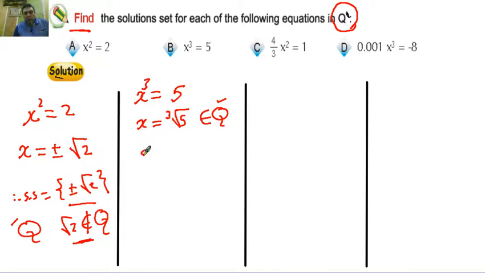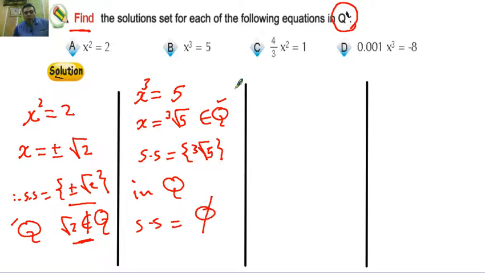So the solution set in Q dash is cube root of 5. But the solution set in Q is empty, because cube root of 5 does not belong to Q.